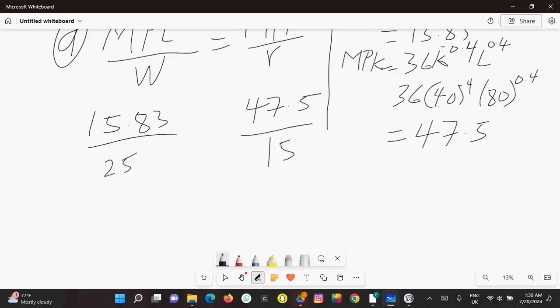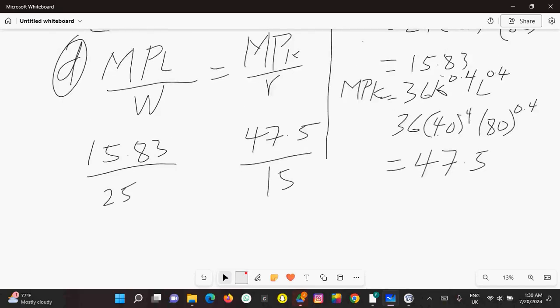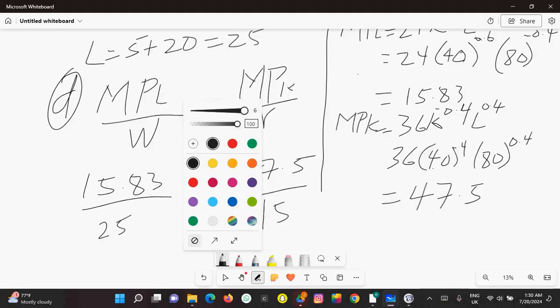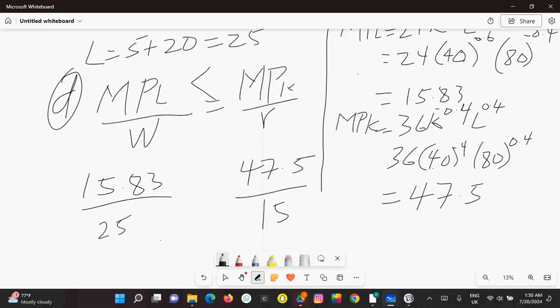So let's check which one is bigger. So solving, we can see that the ratio of marginal product of capital to the rate is greater than the ratio of marginal product of labor to the wage.